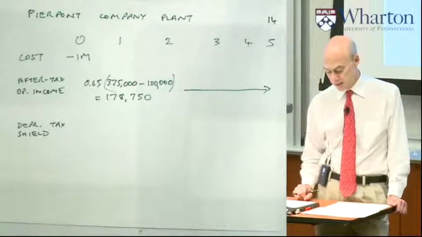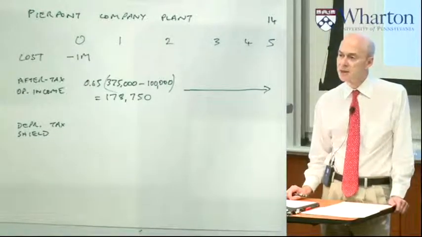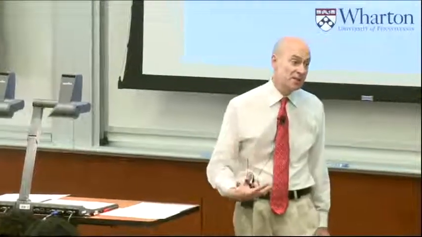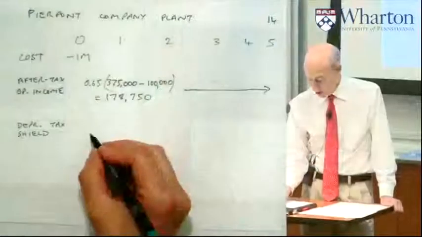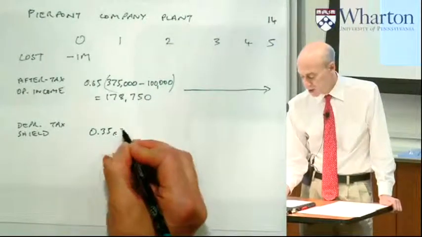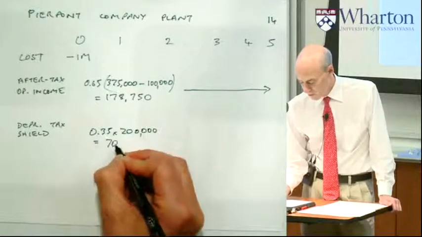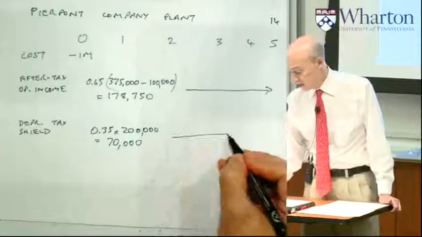Date 1, because that's the first time you get to depreciate. And how much is it going to be? You've got depreciation of $200,000. How much does that save you in taxes each year? 0.35 times 200,000, which is 70,000. You get that each year for 5 years.